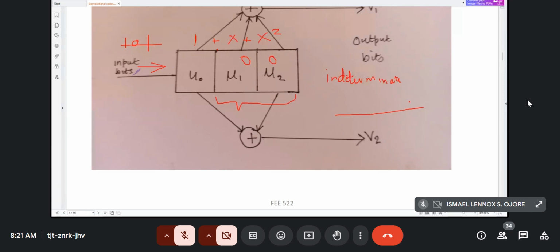Every time a bit comes in, the bit that was here moves here, and this one moves here. So the next state will be 0 0.